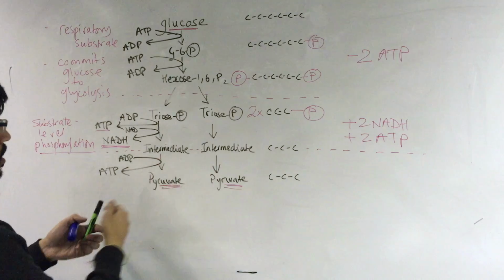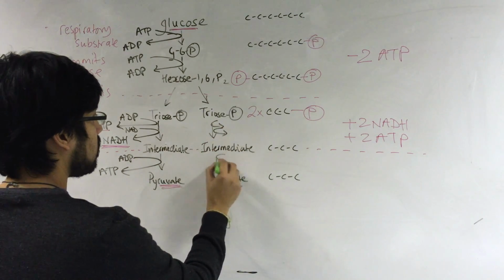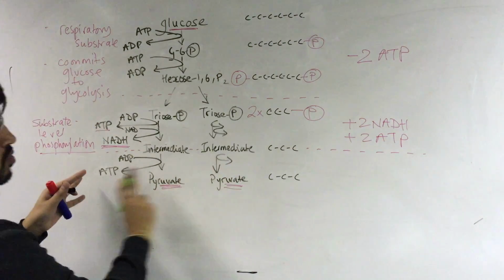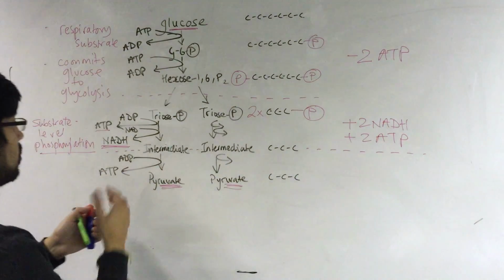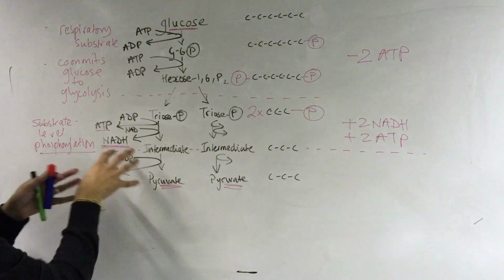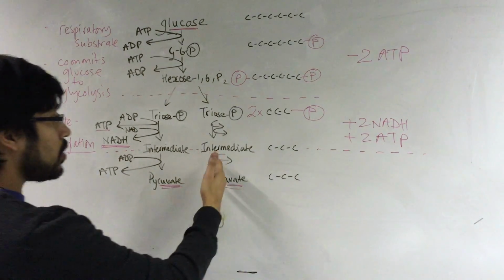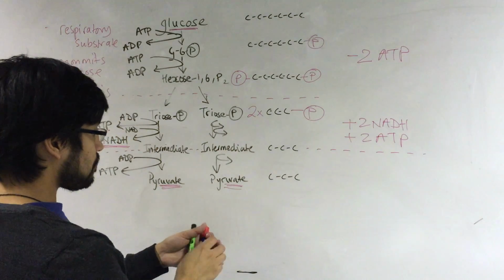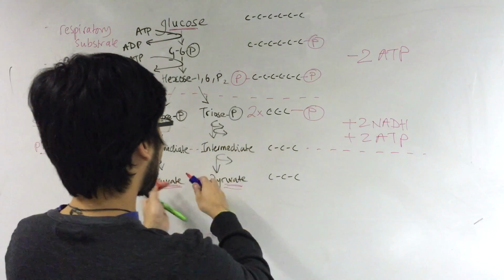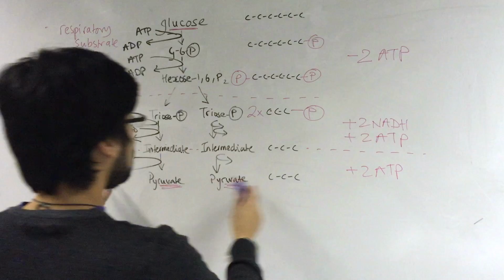And again this happens twice. So what do we call this event? We call this substrate level phosphorylation. Here again, we have plus 2 ATP at this stage.